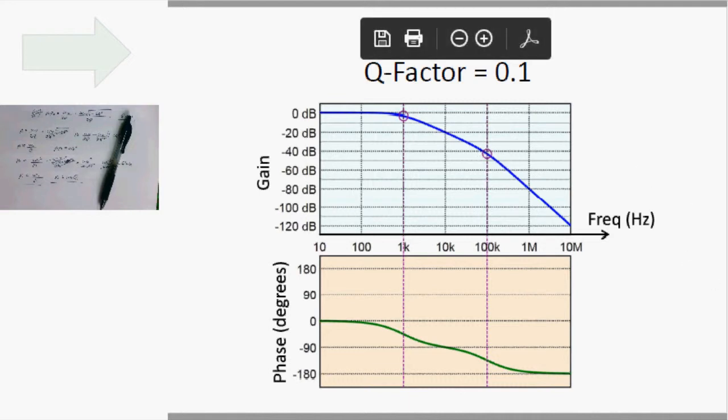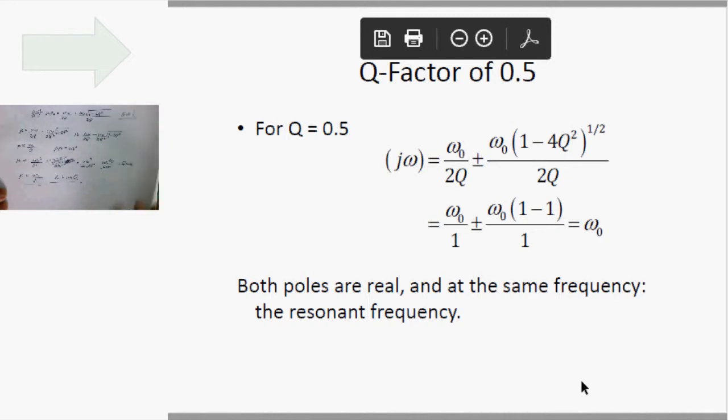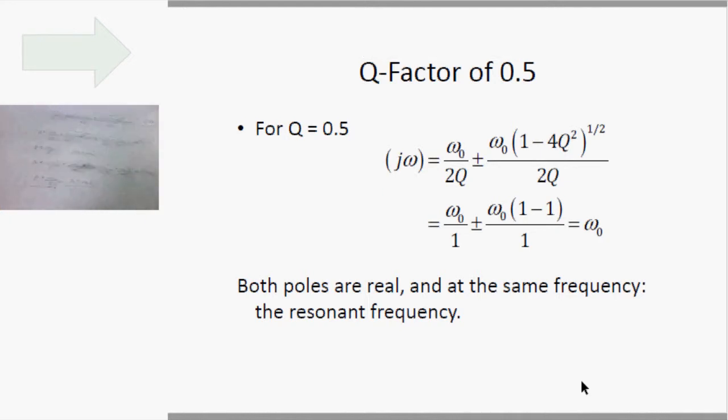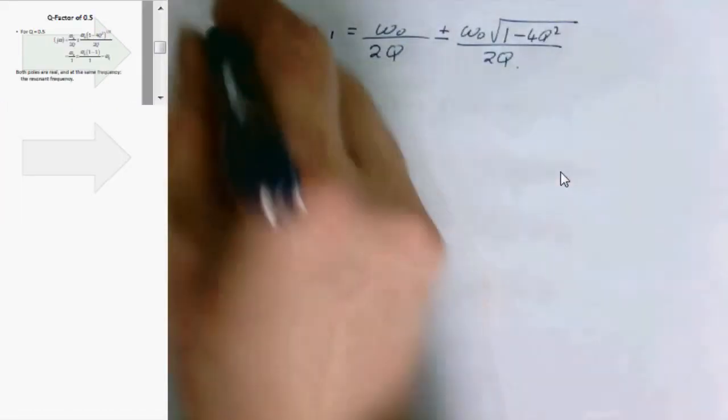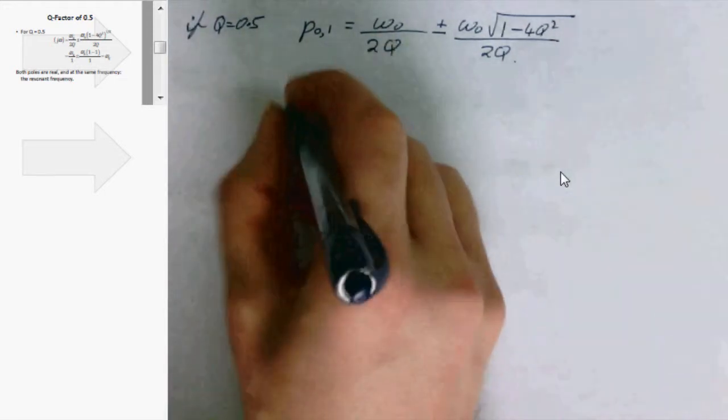Okay, next special case. Q factor of 0.5. This is a particularly interesting one because if I put these into the formula that relates poles to the resonant frequency and the Q factor, I end up with, right, now, if Q is equal to 0.5 in this case, then 0.5 times 2 is 1.